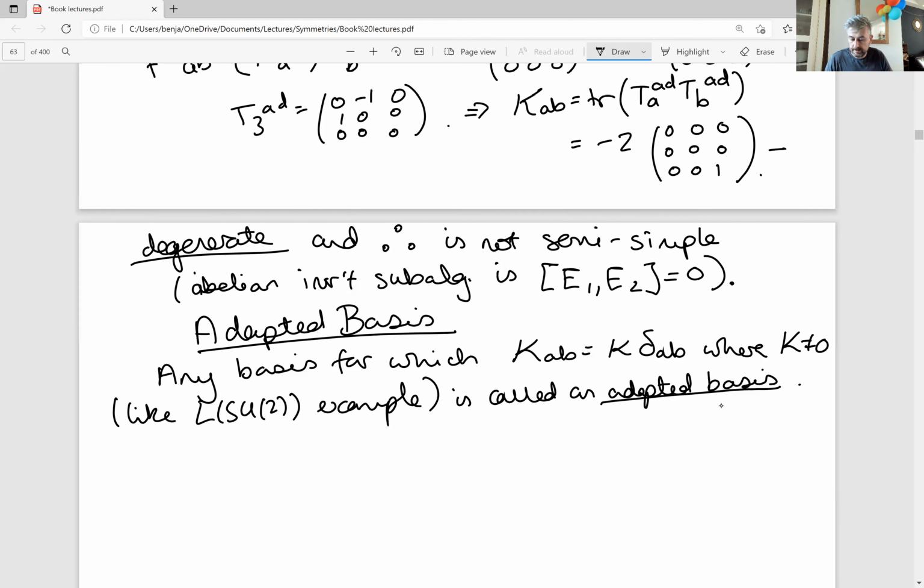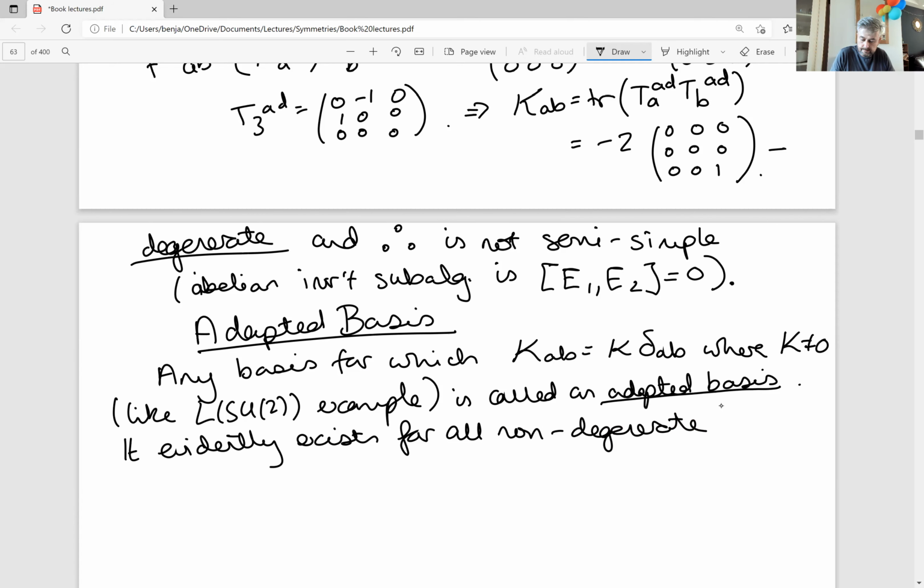Even if you originally get something which isn't quite a delta, you have some other non-zero numbers which don't look like a Kronecker delta, you can rescale the basis vectors such that you do get a Kronecker delta. So it evidently exists for all non-degenerate Killing forms, in other words, semi-simple Lie algebras.